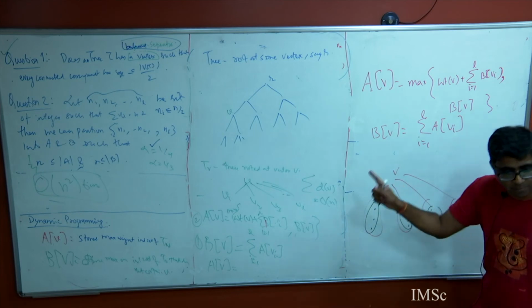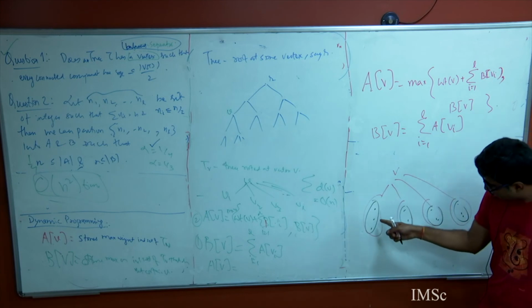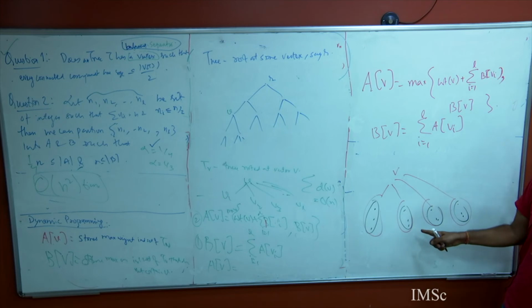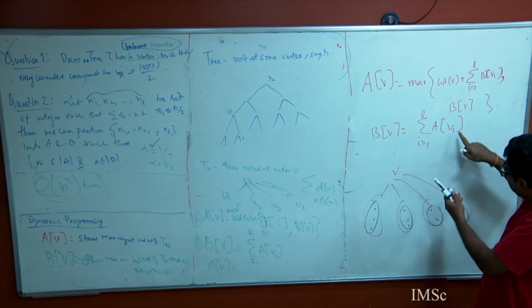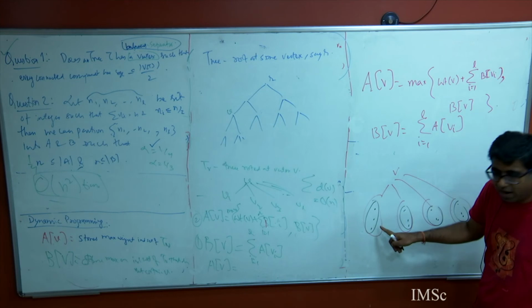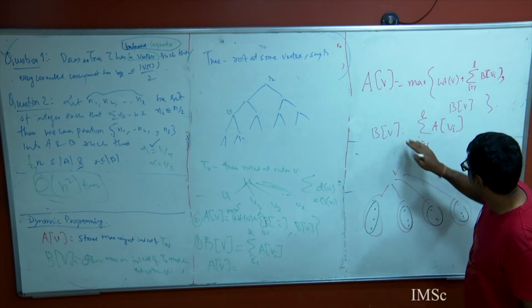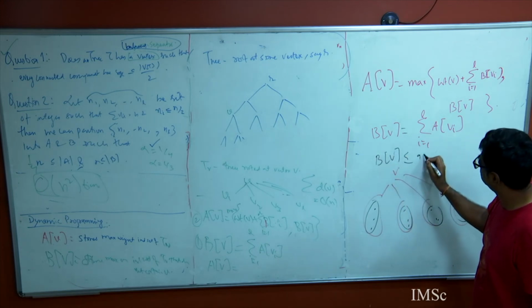In particular, the family of independent sets over which my maximum is taken also contains this part. So what does it mean? Each A_{V_i} could only be larger than this, not smaller. So this shows that B_V is less than or equal to this quantity.